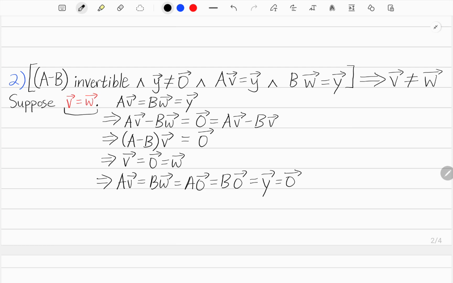When we supposed V was equal to W, it contradicts one of the premises in our antecedent. These are the premises that hold, or what we're taking to be true.